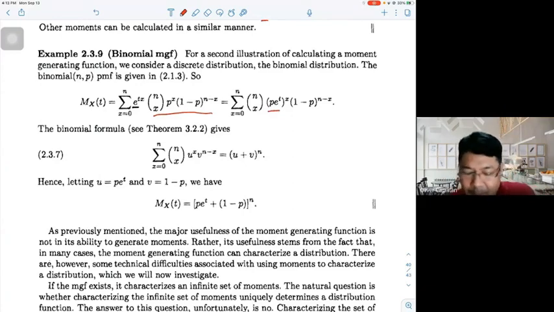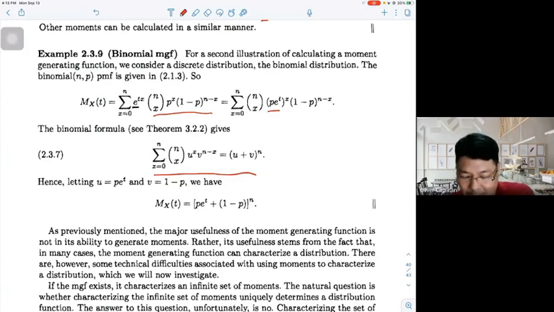We're going to use the binomial formula here to compute the moment generating function of x. So consider first this expression in terms of u and v: the finite summation of n choose x, u to the x, v to the n minus x, as x ranges from 0 to n. This is equal to the nth power of u plus v. That's our binomial formula.